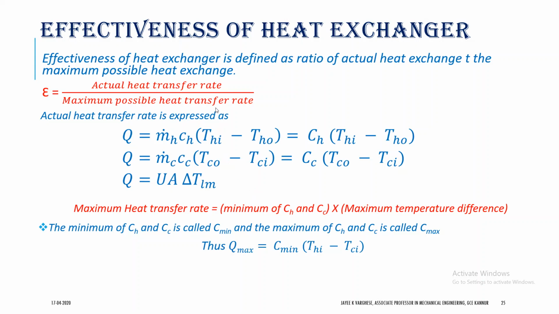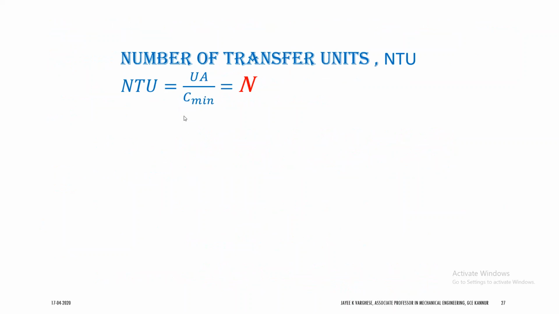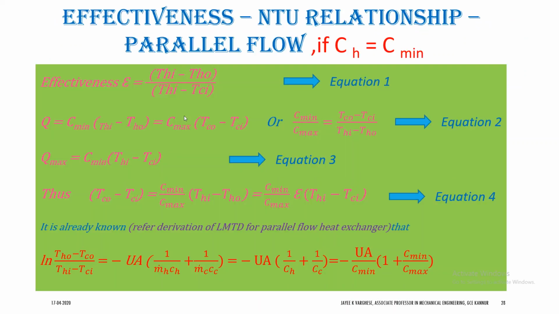So in that case, what we do is we go for another type of analysis of the heat exchanger using a relation connecting effectiveness and NTU. We'll see how it is.